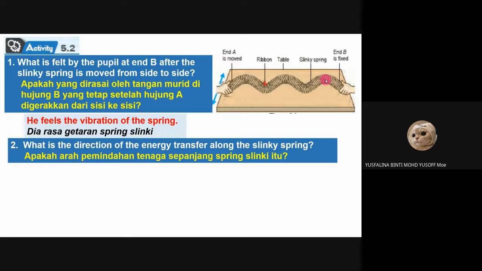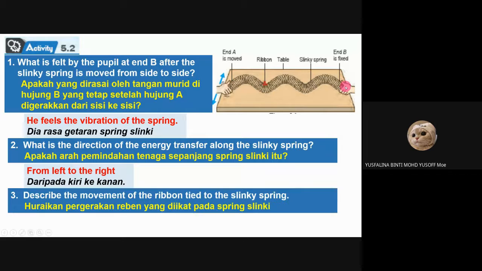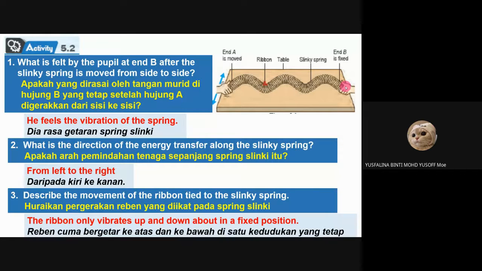So what is the direction of the energy transfer? From left to right. Since it vibrates from here, the energy will be transferred from left to right. And describe the movement of the ribbon tied to the slinky spring. It will stay in a fixed position, but it moves up and down, staying at the same position.